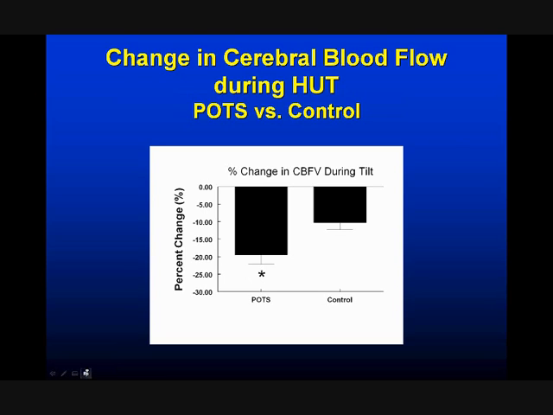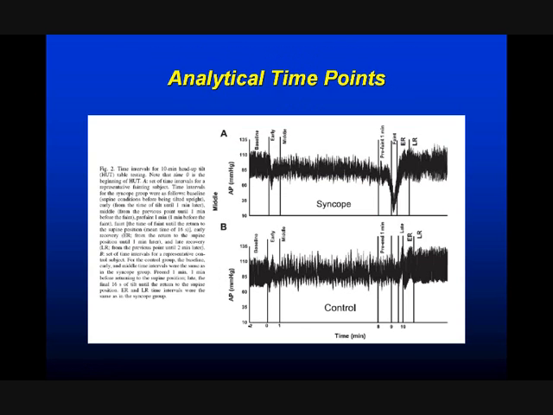Now, we just published a paper recently where we looked at individuals who faint, syncopal patients, to see if we can understand whether the changes that we see in POTS patients and controls regarding the regulation of their cerebral blood flow relative to their blood pressure compare to people who faint.